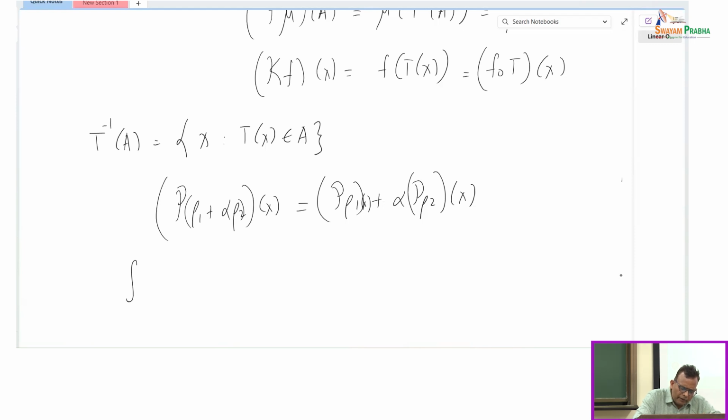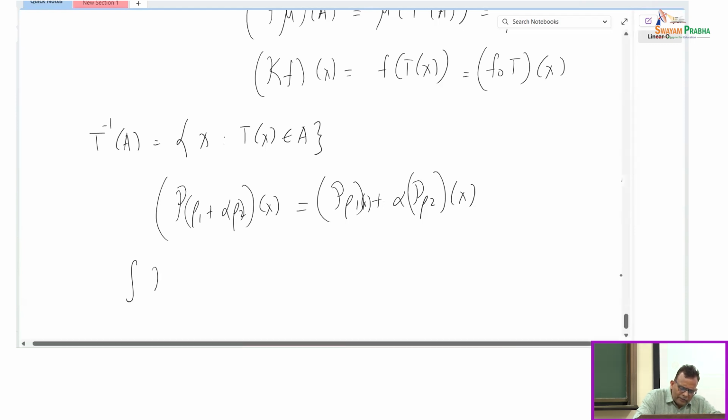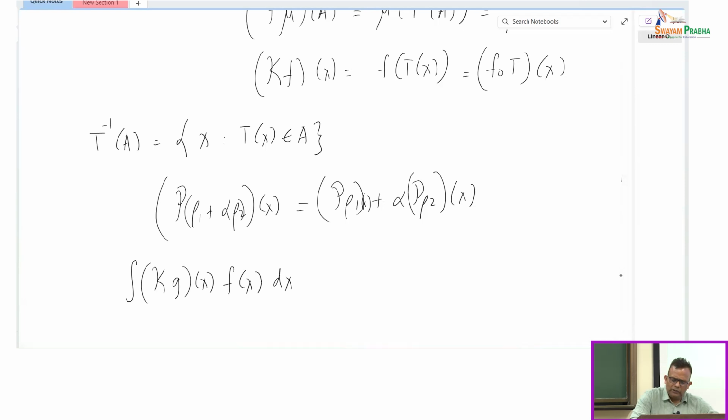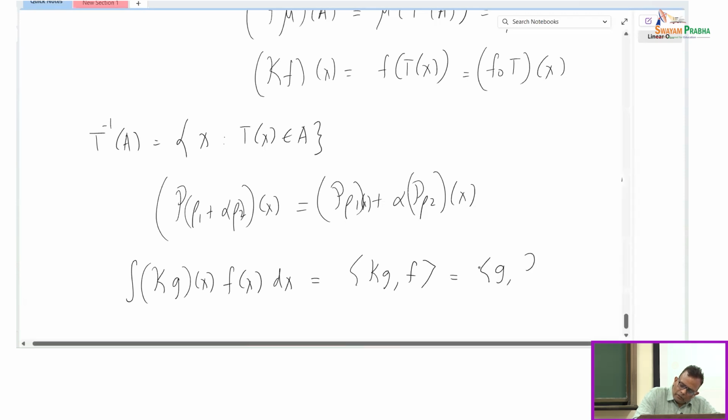So what do I mean by duality? If I look at the action of Koopman on any function g of x, and take the inner product with f of x, I can write this as the inner product of Koopman g with f. This is the same as the inner product of g with P of f.